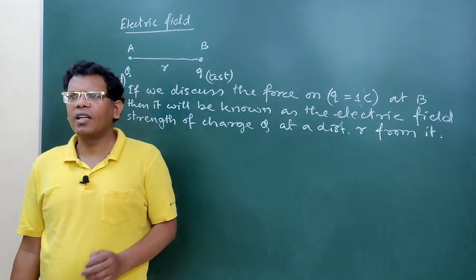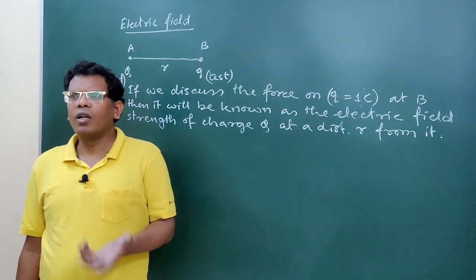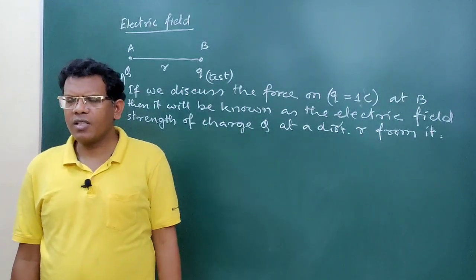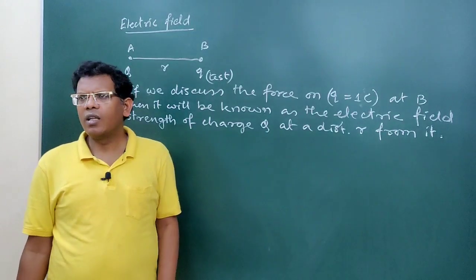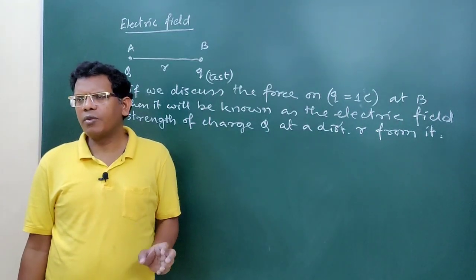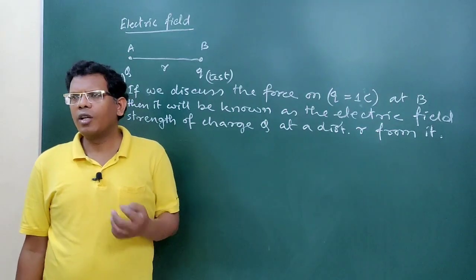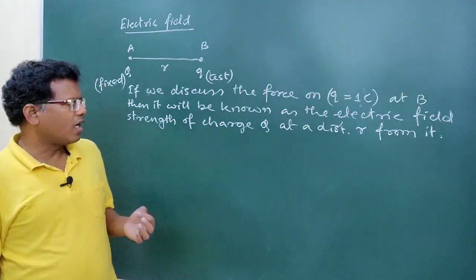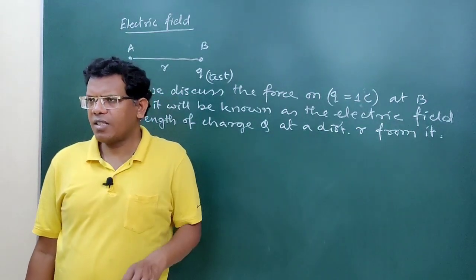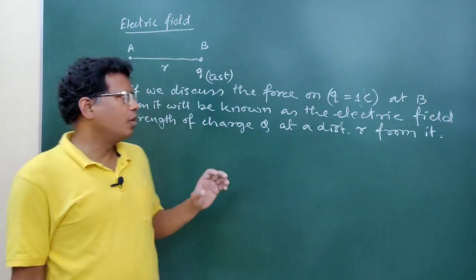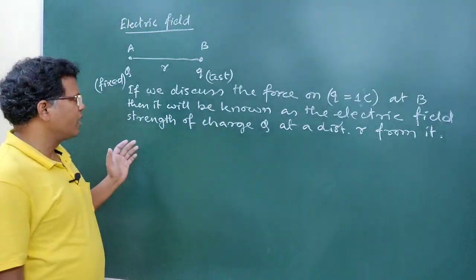The only difference is that when we discuss the force on any particular magnitude of test charge, it is discussed under the title of electrostatic force, but whenever that force is discussed specifically on a unit positive charge, then it will be the electric field strength at that test charge position due to the fixed charge which is at a finite distance from it.